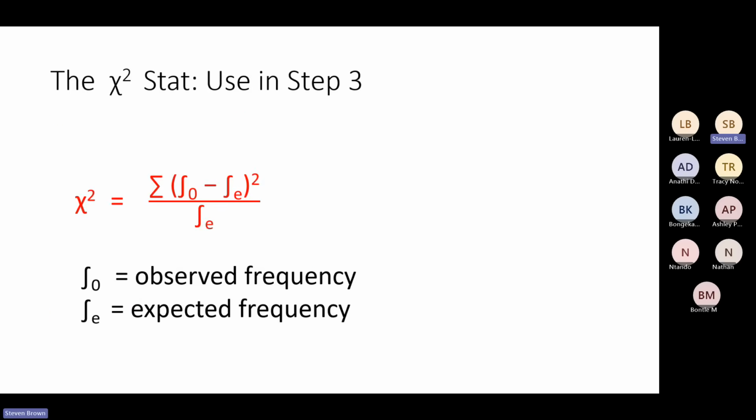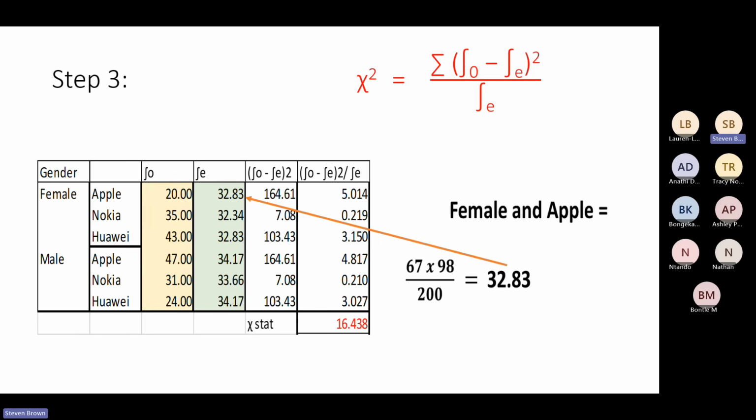So we take 98 and 67, multiply them together and divide by the total number of people. That gives you 32.83. That is statistically what you would expect from that number of people, females who enjoy Apple. Statistically, it's expected to be 32.83.